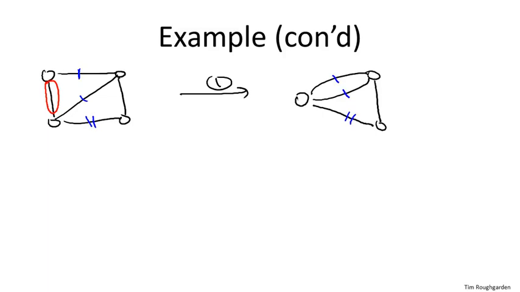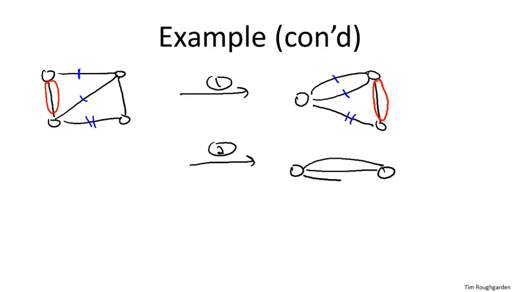Totally possible, 25% chance that's going to happen. Now what happens after the contraction? Well, again, we're going to be left with two nodes, no surprise there. The contracted node gets sucked into oblivion and vanishes, but the other three edges, the ones with the hash marks, all stick around and become parallel edges between these two final nodes.